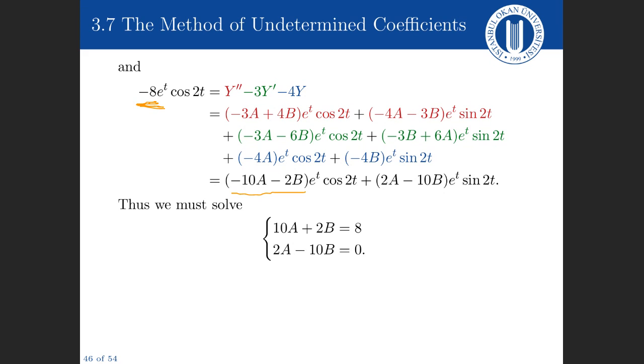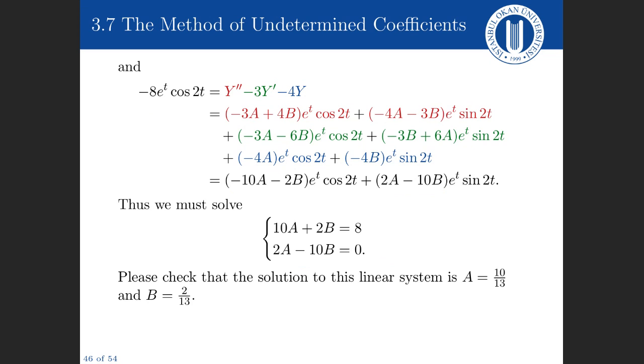We must have that 10A plus 2B is equal to 8. We also have 2A minus 10B at sine 2t on the right, and on the left we don't have any terms involving sine, so this must be equal to 0. Solve this linear system using your techniques from linear algebra to find A is 10 over 13 and B is 2 over 13.